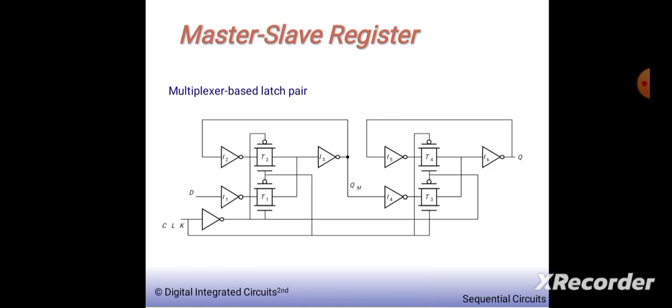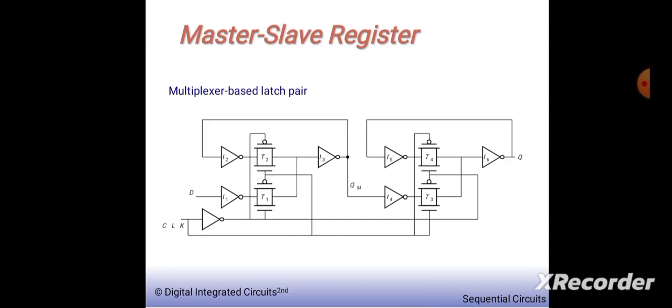This multiplexer based latch pair, using transmission gates, is also a master slave register. You can control the entire master slave register with the help of your clock. When I give clock as 1, it will make my second level slave latch active, and during that time my master will be in idle mode.